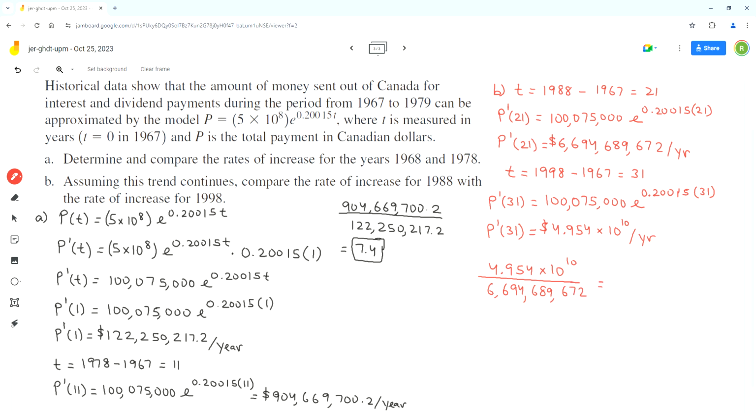This is equal to, and I got again almost 7.4. So that means the rate of increase for 1998 is 7.4 times more than the rate of increase for 1988. So this should be the final answer for part B.